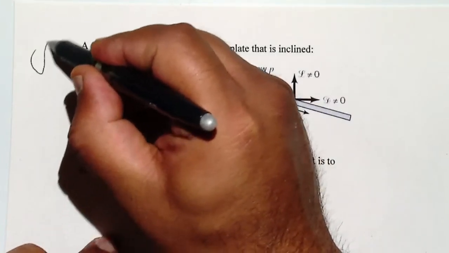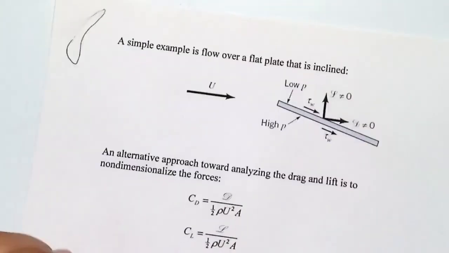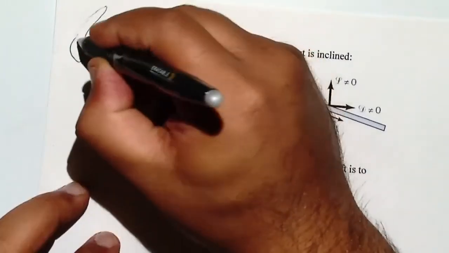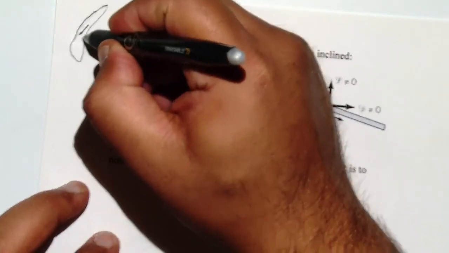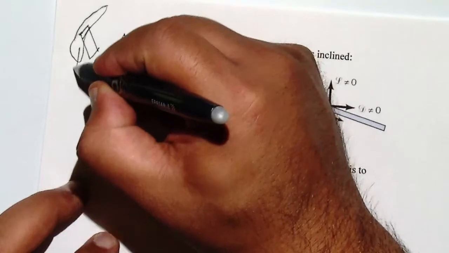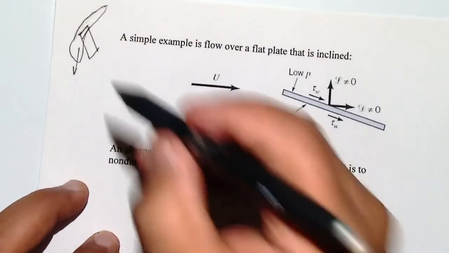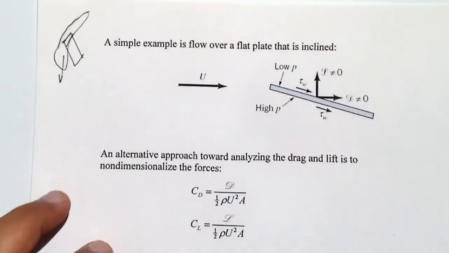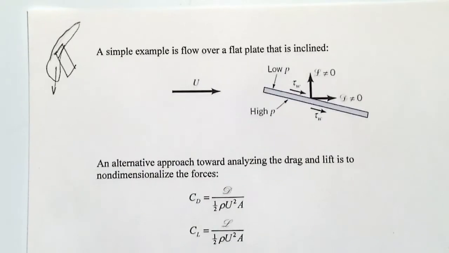If you have an airplane like this, the wings have an angle by themselves. So the object moves in this way, but by itself the wings have an angle. That's going to be your angle of attack, the angle that needs to be different between the upstream velocity and the object.